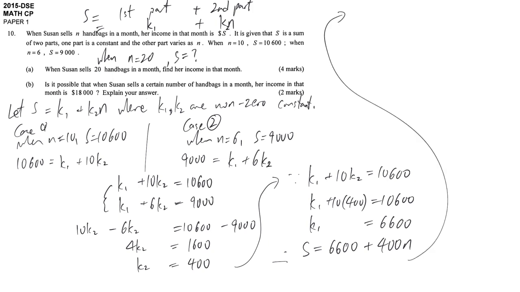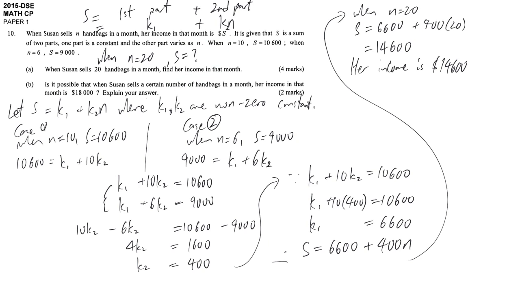So we continue our calculation. When n is equal to 20, then s is equal to 6,600 plus 400 times 20. Then we get 14,600. So her income, that means s here, is 14,600.